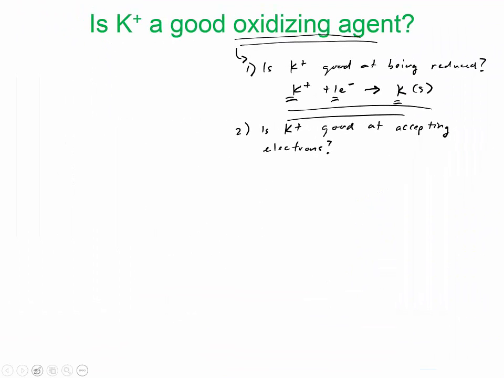This is not as ridiculous as the question before; at least it appears on the SRP table. But this half reaction of K plus being reduced, or acting like an oxidizing agent, is very bad. The reduction half reaction is negative 2.92 volts, so this is horrible.